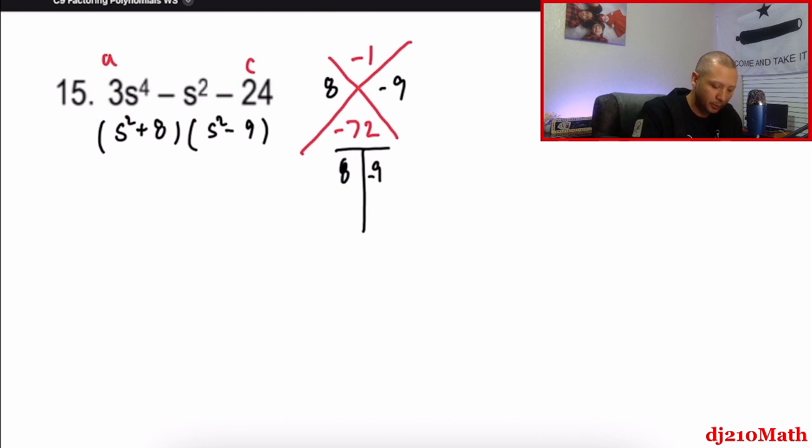However, because we multiplied a times c, we have to account for that, and we have to divide that 3 back out. This is where math gets a little tricky. You just had to have seen this before to know. But if it can be divided evenly, 9 divided by 3 is 3. Well, then that's what it is. s squared minus 3.